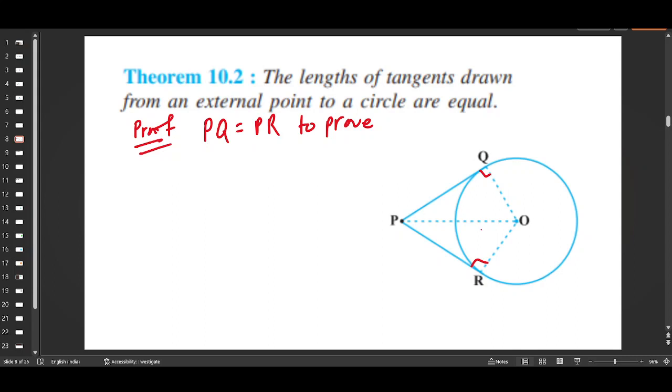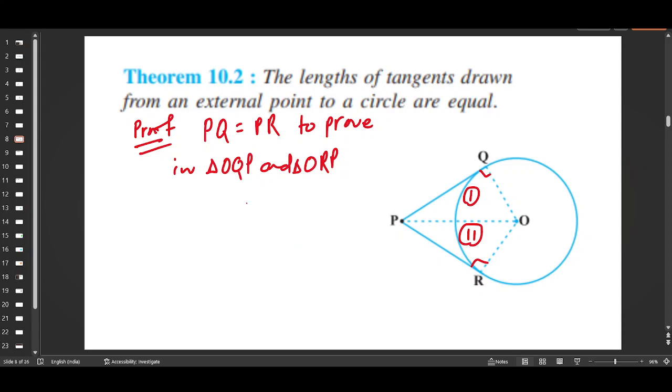Now there are two right angles here, first and second. So in the right angle triangles OQP and ORP, OQ and OR are radii of the same circle.